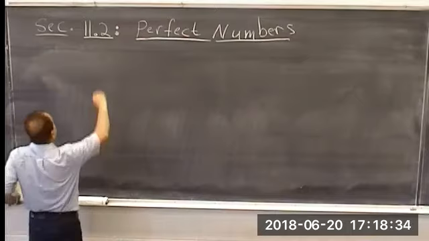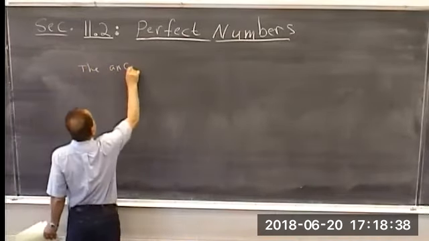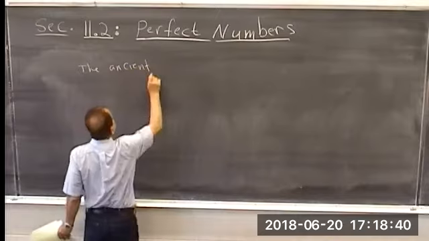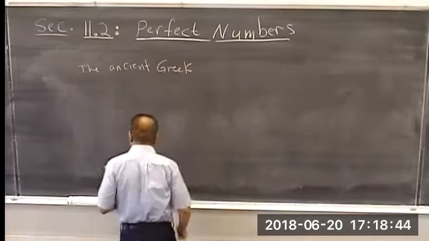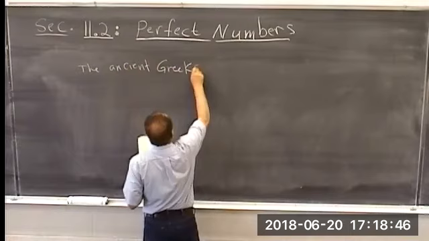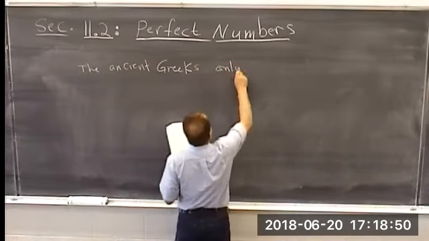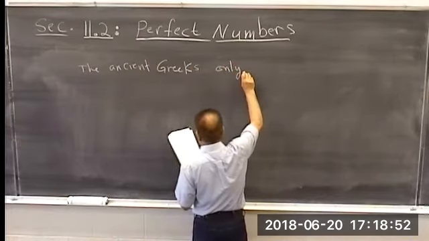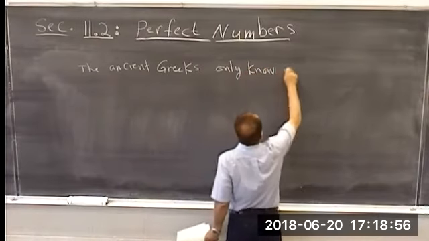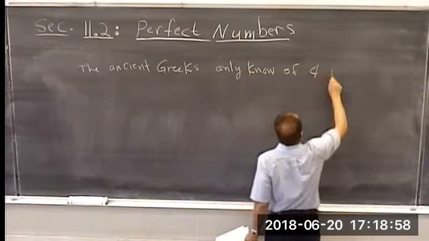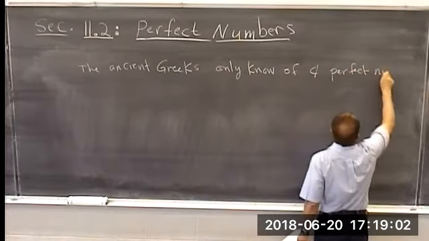So the ancients only knew of 4 perfect numbers.